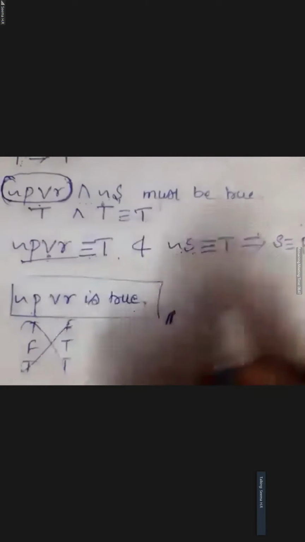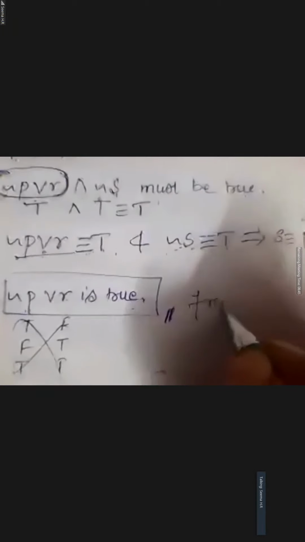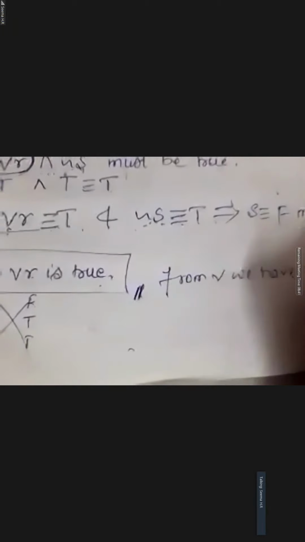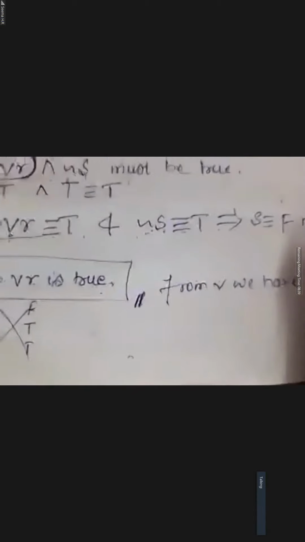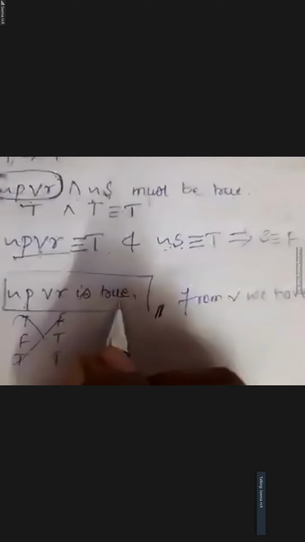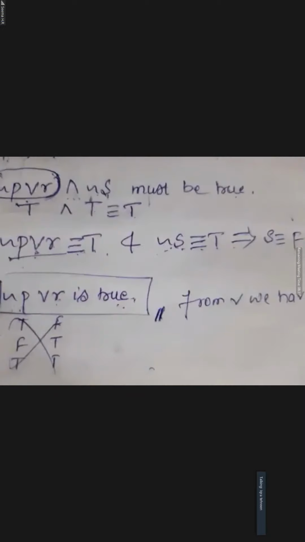From the earlier step, we have R is false. So if R is false, what should be the value of negation of P in order to get this as true? True. So this implies negation of P is true.